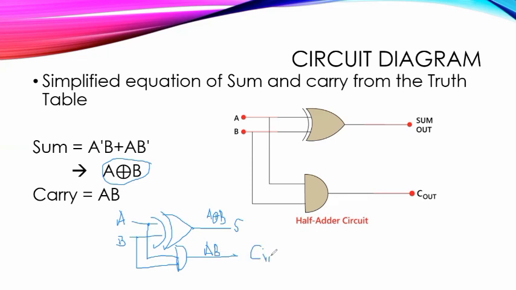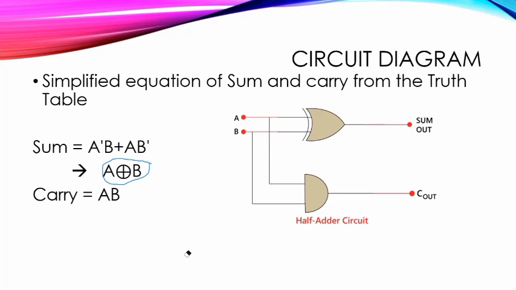Why do we call it carry output? Because it gives the carry output to the next addition stage as input. I hope you have understood the circuit diagram, which is very simple. You can find it through the truth table, and by forming the equation, we can find the circuit diagram.